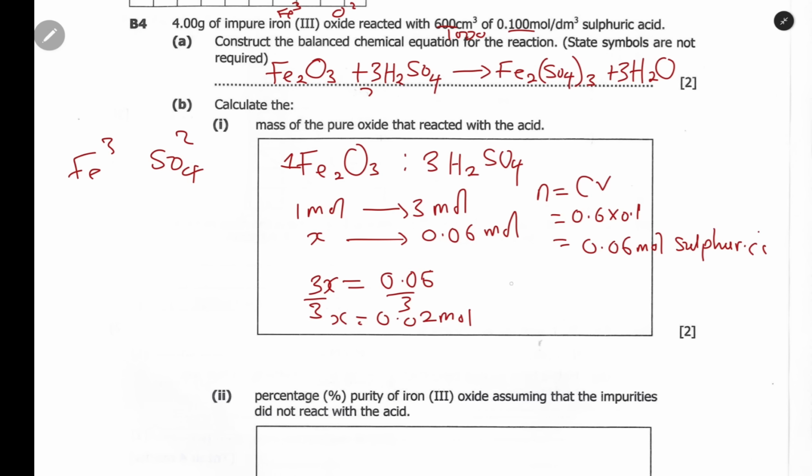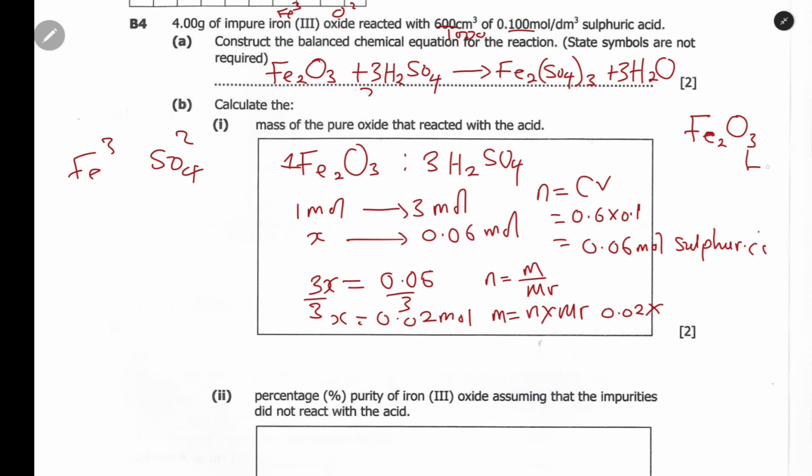Now that we have the moles, we can go on and find its mass. Number of moles is equal to given mass over molar mass. So mass is equal to number of moles multiplied by molar mass. Number of moles of iron oxide is 0.02, multiplied by the molar mass of iron oxide.